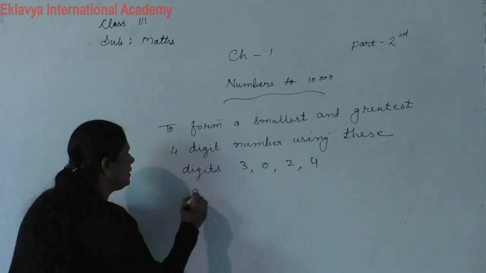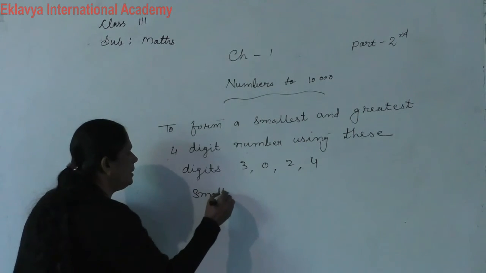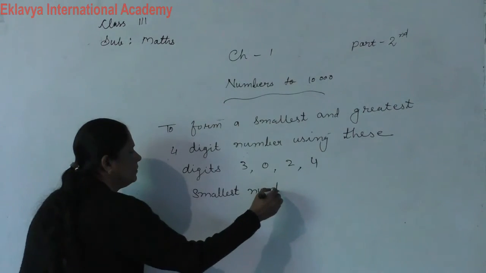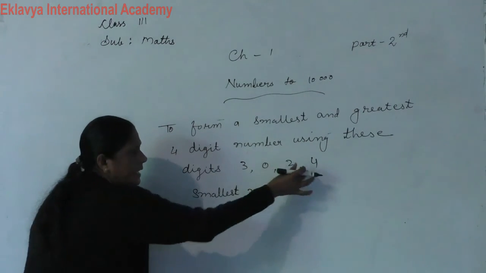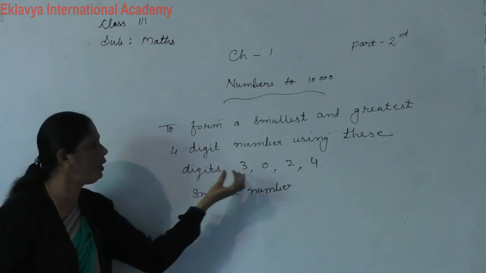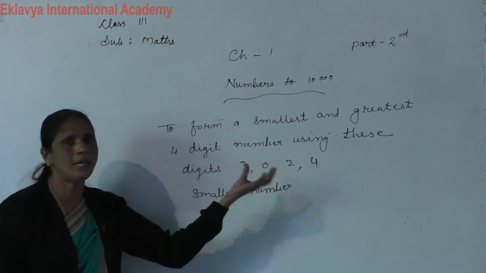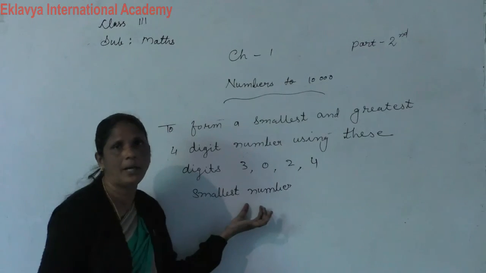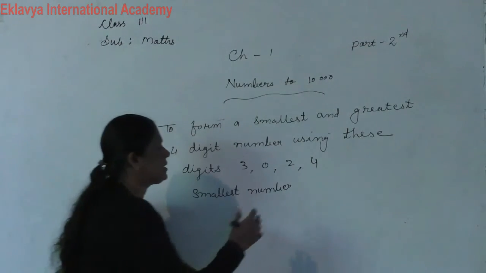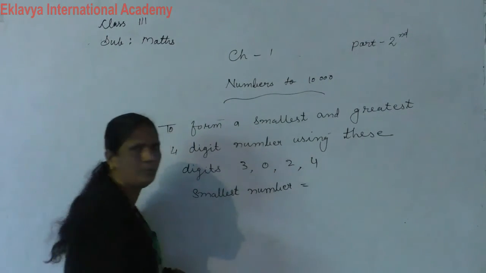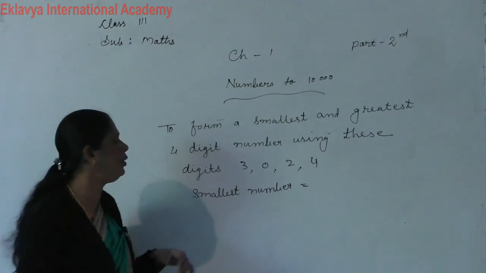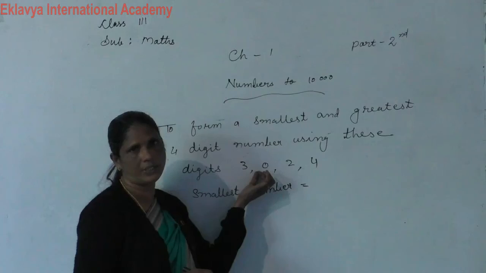First we write the smallest number. These are digits, therefore we put a comma: 3 digits, 2 digits. Now we write the smallest number is equal to: the smallest digit is 0, but we don't take 0 first.